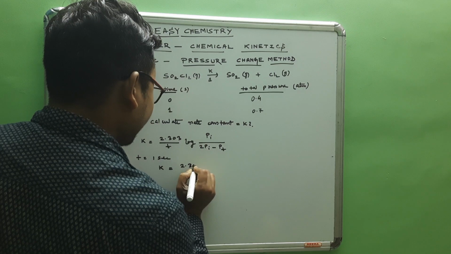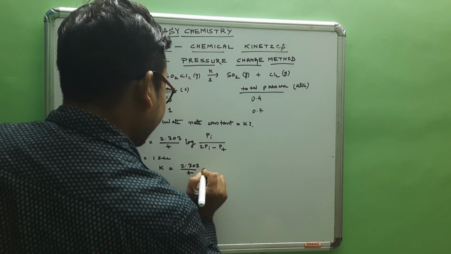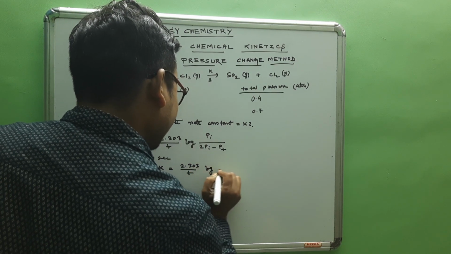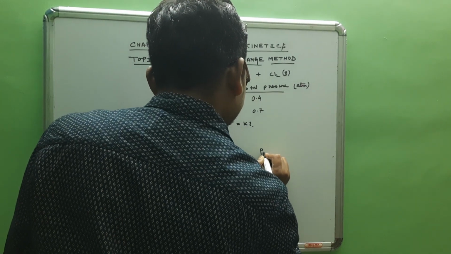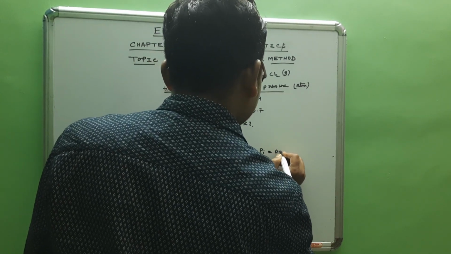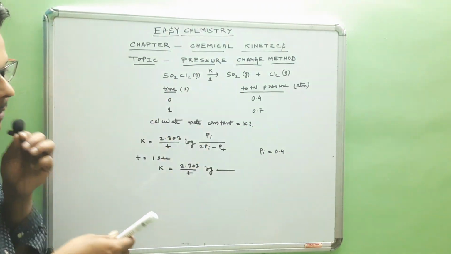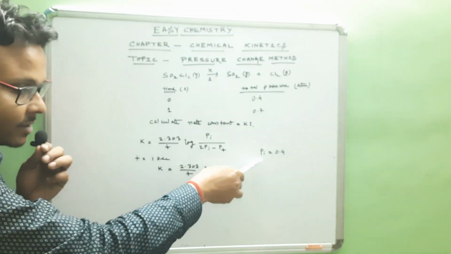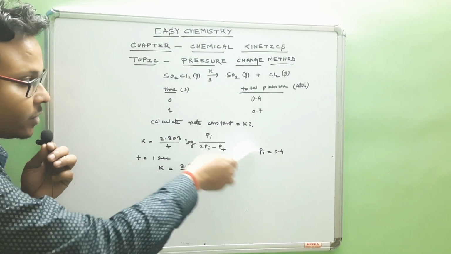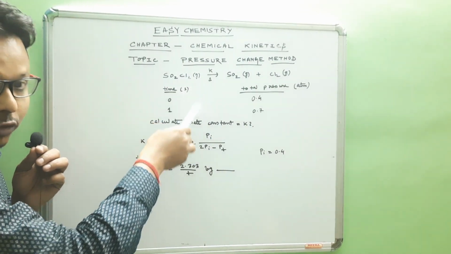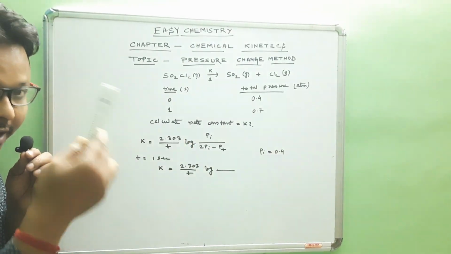K will be 2.303 by t log, and here Pi is 0.4. Why is Pi 0.4? Because we have already discussed in our previous section that Pi is the initial pressure of the reactant. Why do I say reactant?